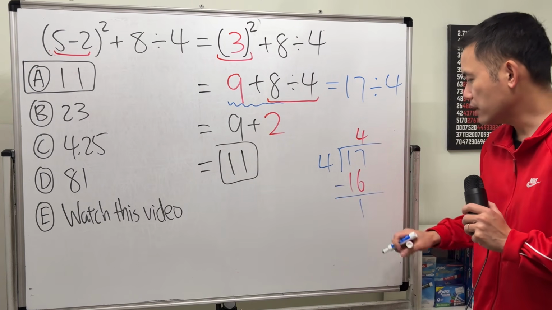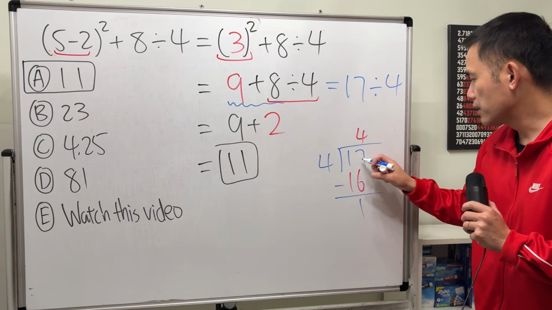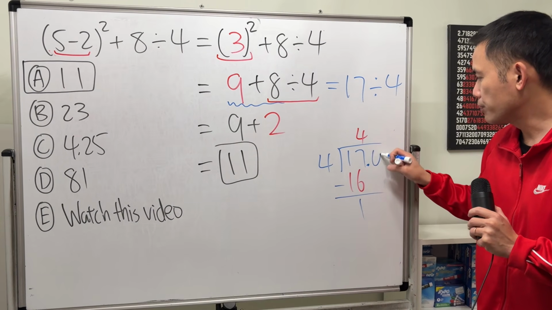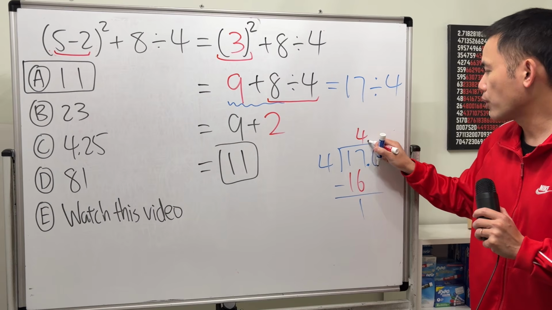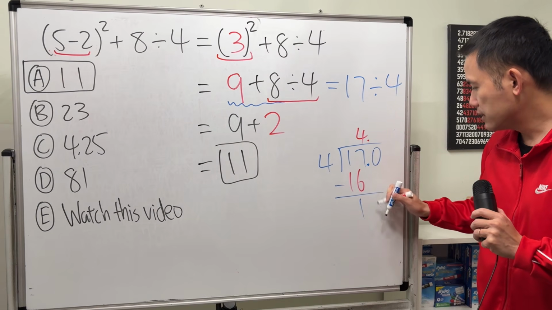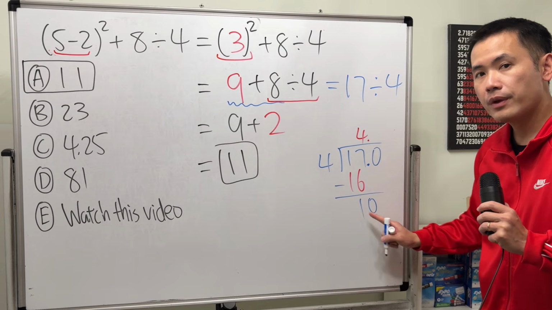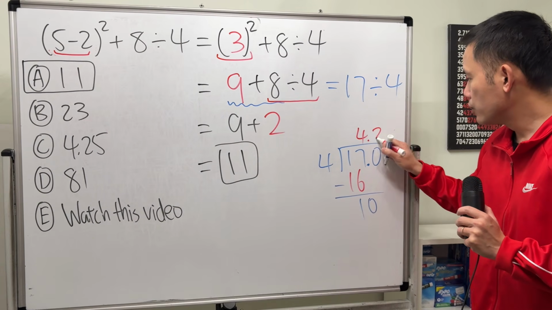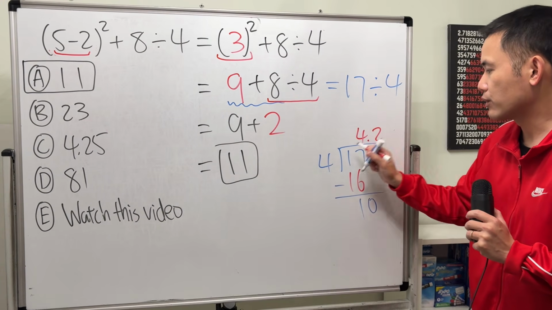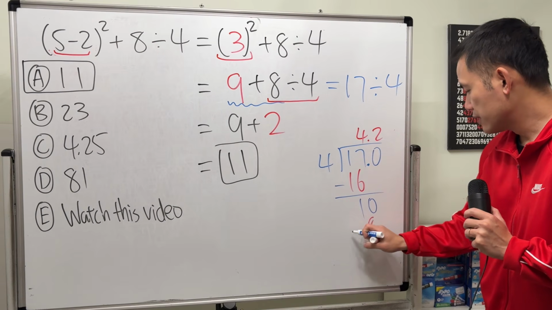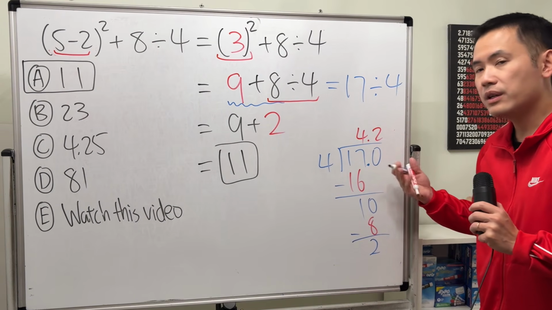Subtract, we get 1. We can continue because 17 is at 17 point, and you can put a 0, go up here, put a point, and you can put this down. So you are looking at 4 and 10. 4 goes into 10 2 times at most, right? So it's like 2 times 4 is 8. Subtract, you get 2. And you can continue.